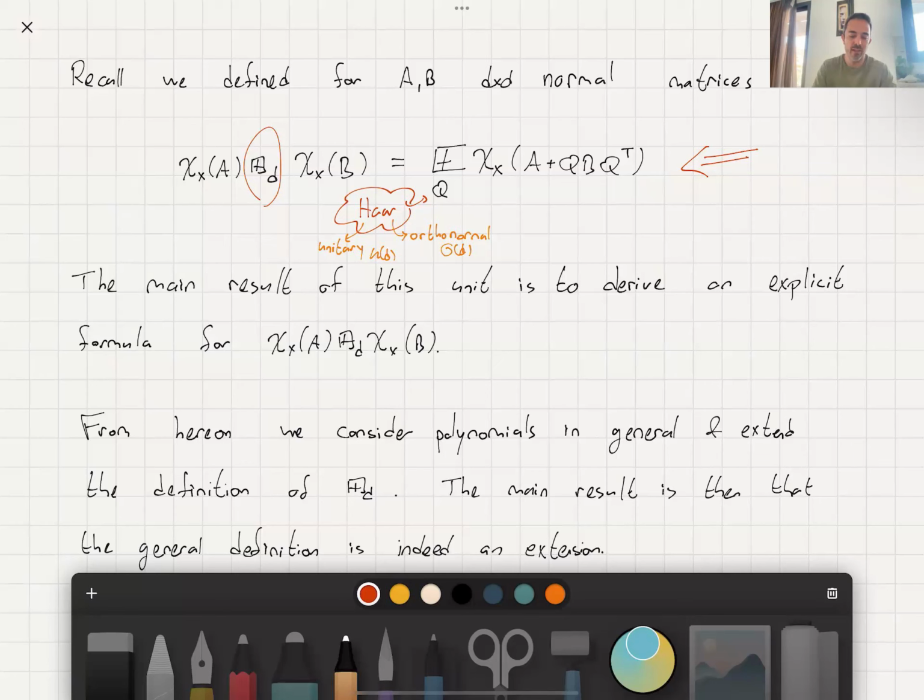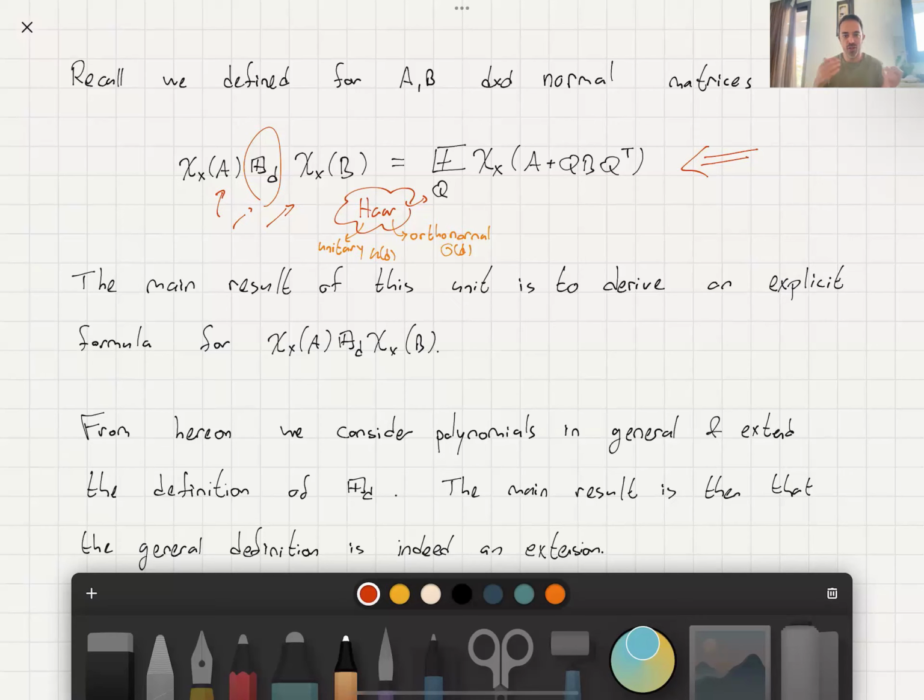Namely, we are going to define it for arbitrary polynomials, not necessarily real-rooted, complex-valued polynomials. And the main theorem is going to be that when we restrict this new operator to characteristic polynomials of matrices, we get back our original definition.